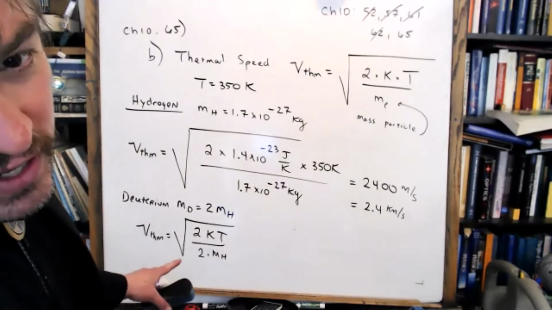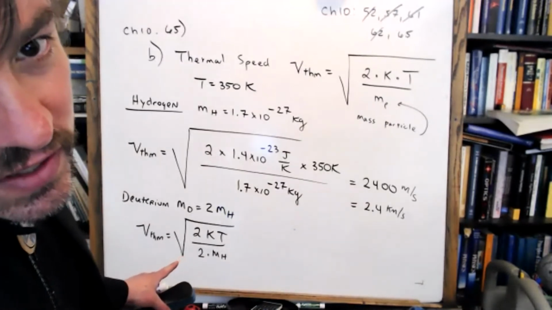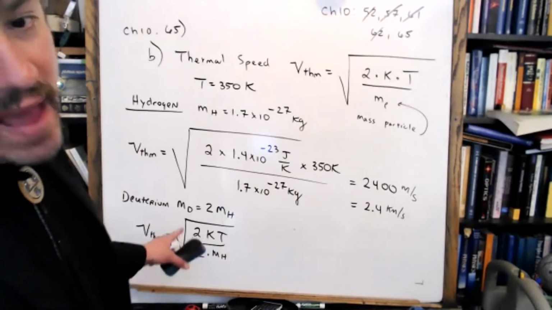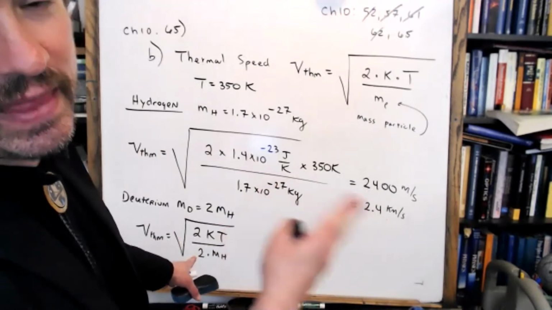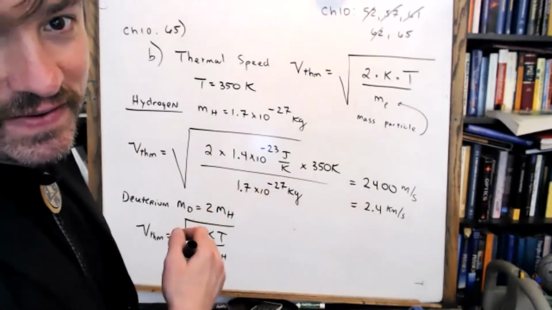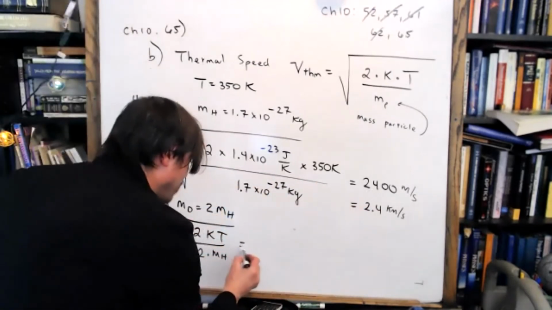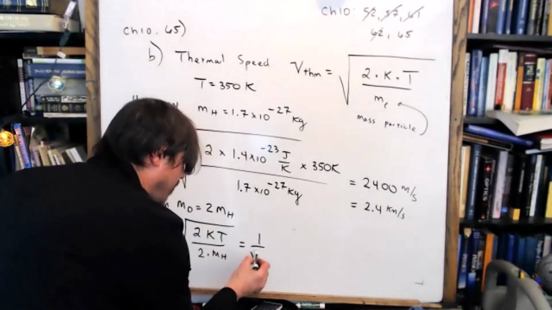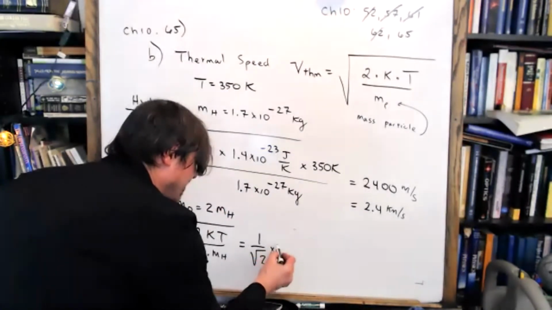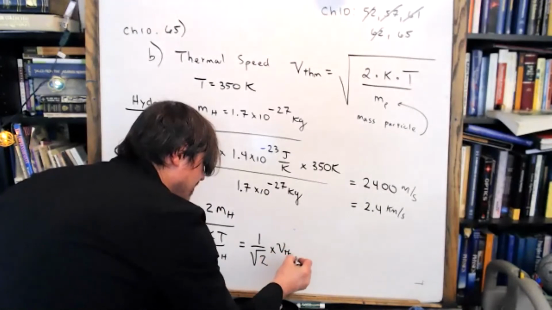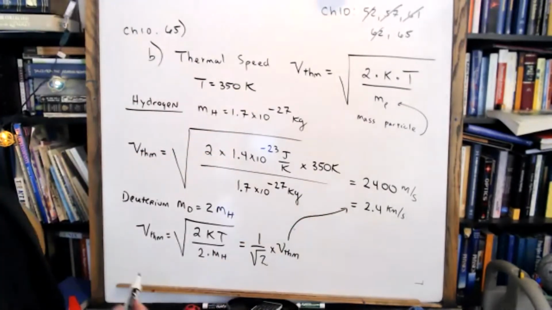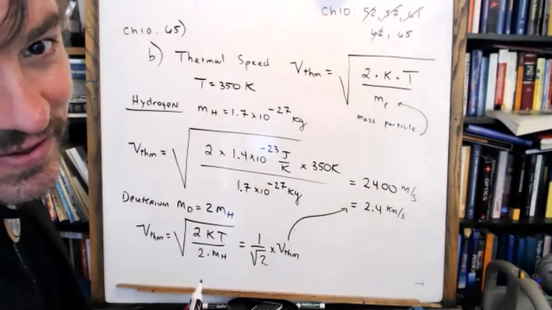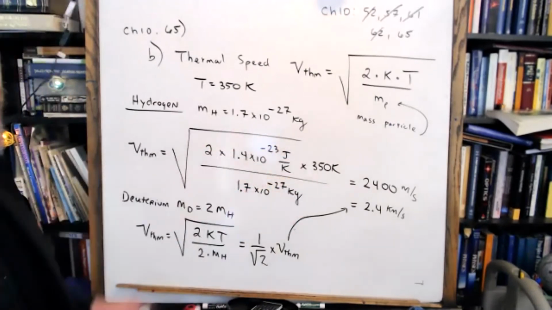Now, Jenna, you were pretty good at distributing the square root, correct? Imagine you distributed the square root to the radical 2, and then you pull it out front. In other words, this is 1 over radical 2 times the thermal speed of hydrogen that you just calculated. Do you see that trick? This way you don't have to punch it all in again.